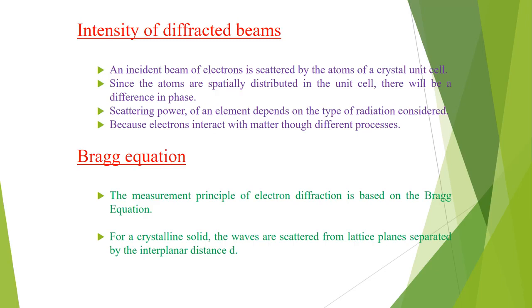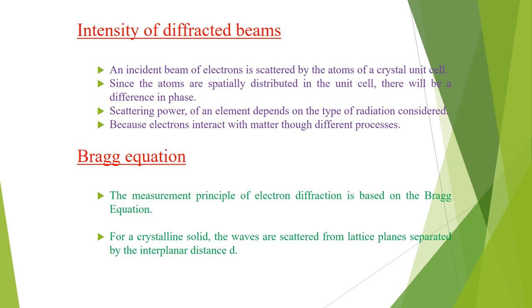Bragg's diffraction occurs when electromagnetic radiation or subatomic particle waves with wavelength comparable to atomic spacing are incident upon a crystalline sample, and they are scattered by the atoms in the system and undergo constructive interference.